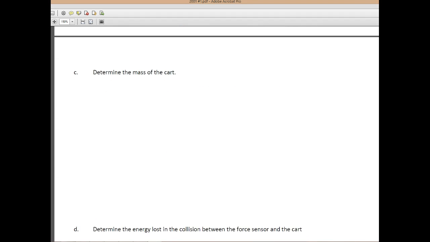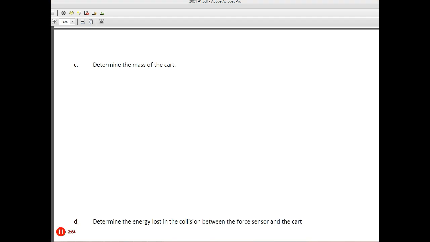Letter C says determine the mass of the cart. Now that we know the change in momentum, which we said was 0.6 newtons times a second, because remember your force times time is the same thing as m delta v. So the change in momentum, which is also the impulse, is equal to m delta v. So we're going to do delta p is equal to m delta v.